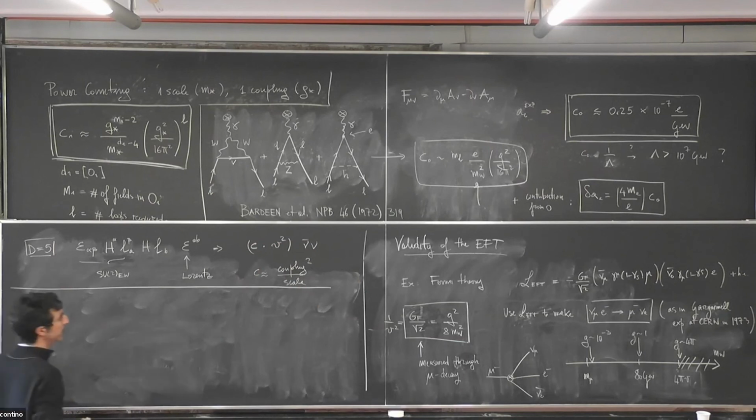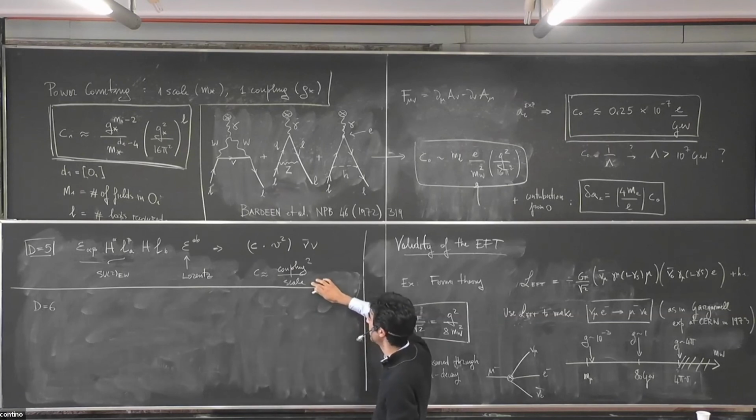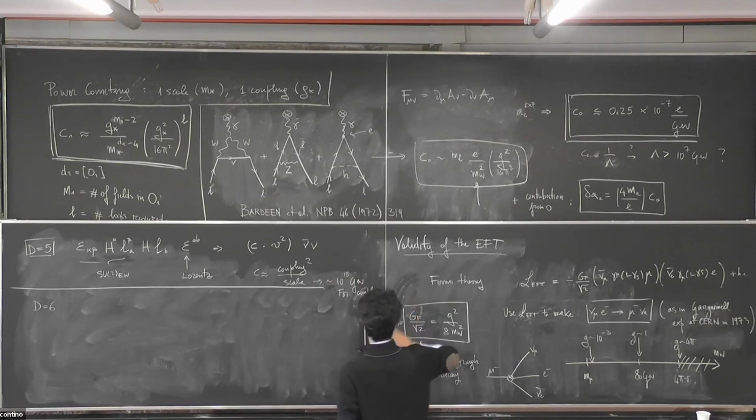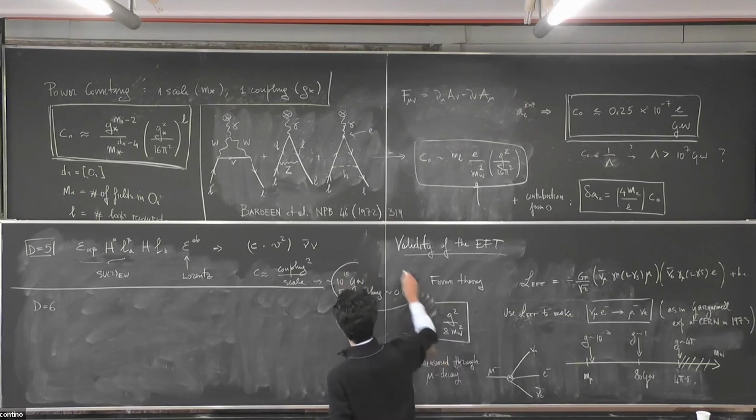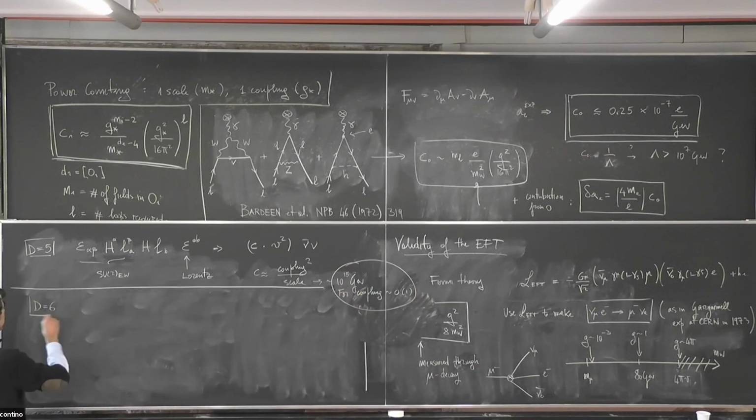For all the other dimension 6 operators, instead, there is no sign of their existence. And in fact, here, the indication is that the scale is of order 10 to the 15, a little bit smaller than that, for coupling of order 1. So this scale will be very, very high, and this in a sense justifies why we haven't seen any other effect, because this effect is a special one.